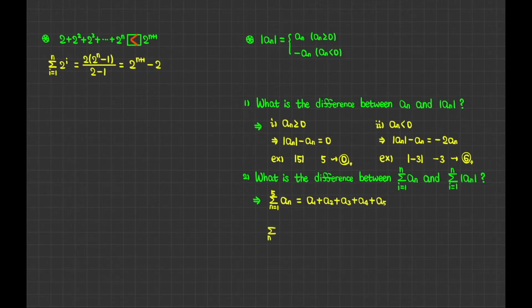And the sum of the absolute value of an, with n from 1 to 5. And I'm going to write on it. For instance, let's say a1 is positive, a2 and a4 are positive, and let's say a3 and a5 are negative, okay? But if you put the absolute values on, let's see what is different.